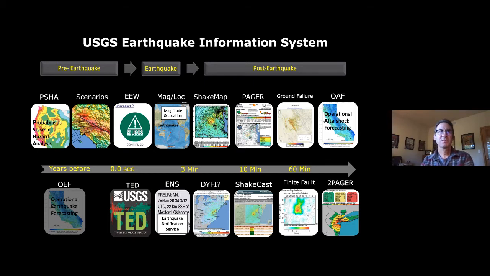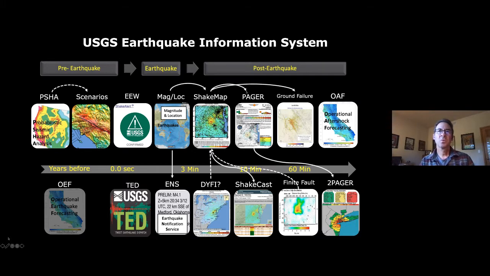In the pre-earthquake planning environment, we have probabilistic seismic hazard maps for design and for insurance purposes. And from those, we can develop scenarios, and the scenarios represent particular faults inside the probabilistic seismic hazard map that may rupture. We can look at a ShakeMap of those and make that into a planning exercise. But what I'll focus on primarily is the actual post-earthquake tools.